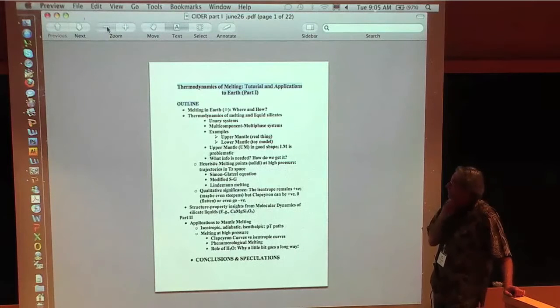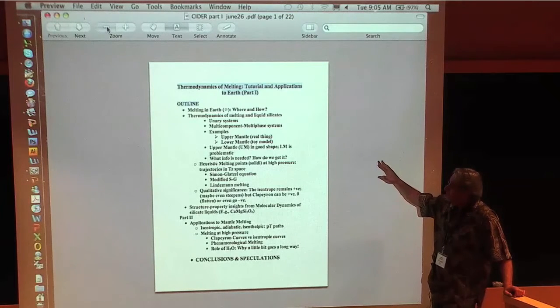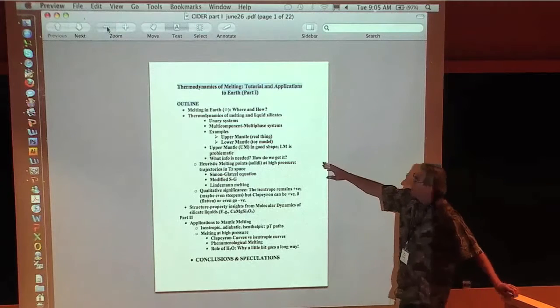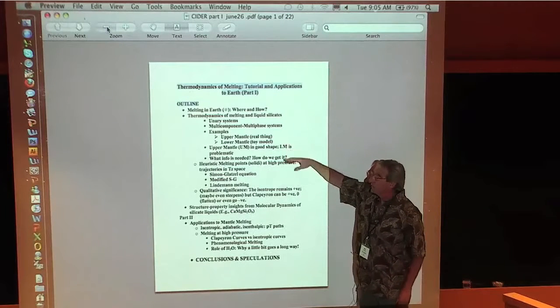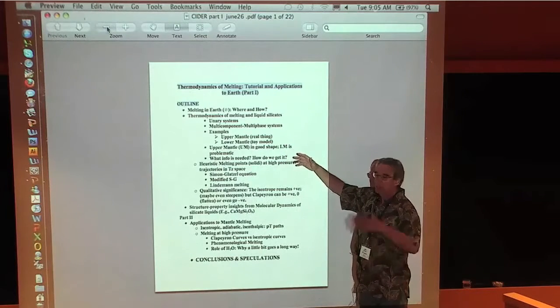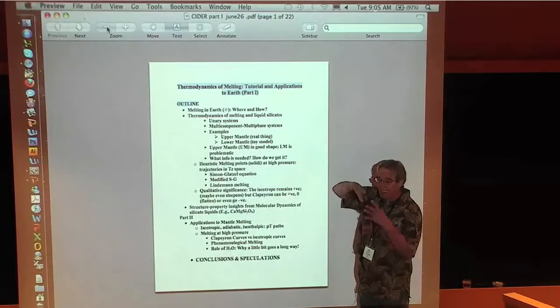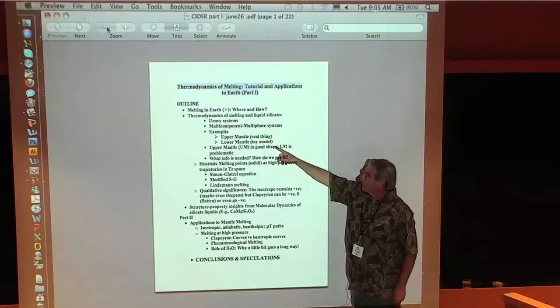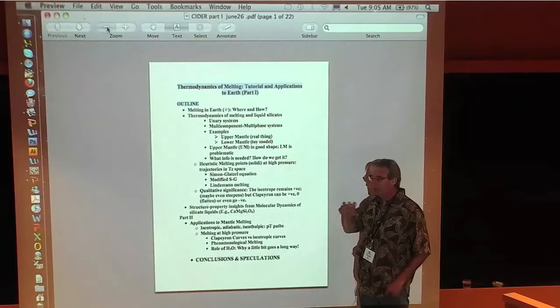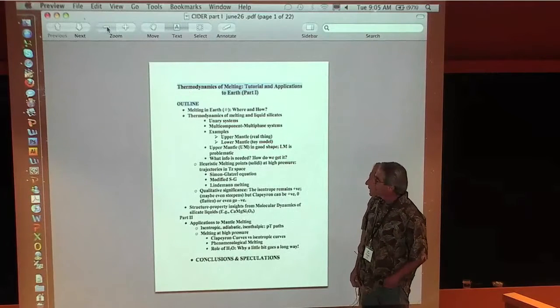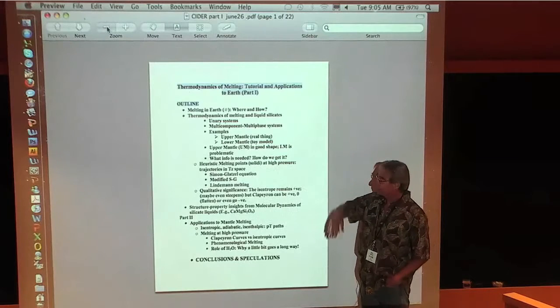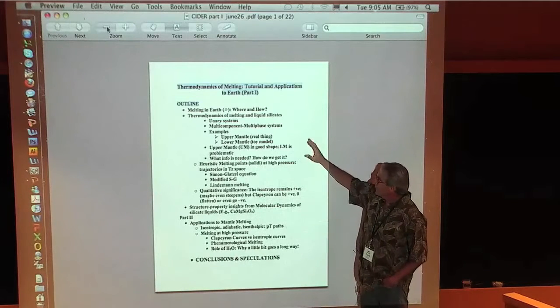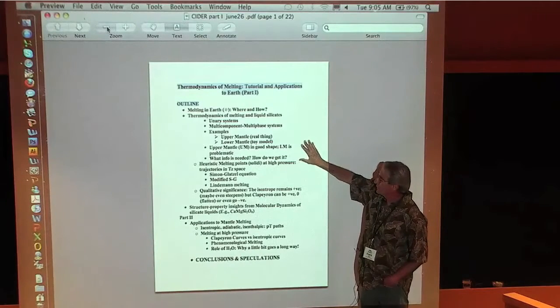So I'll talk about the basic thermodynamics of melting a little bit, give you the full Monty treatment on the upper mantle, some melting in the Great Basin, show you how we could actually model things, and then present some ideas of the lower mantle using a much more simplified system, drawing on all sorts of research here. And the conclusion there is this.